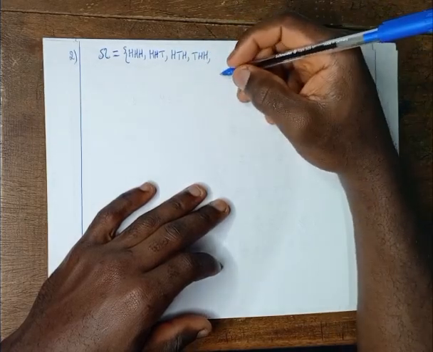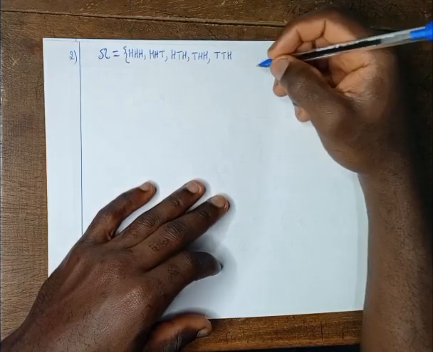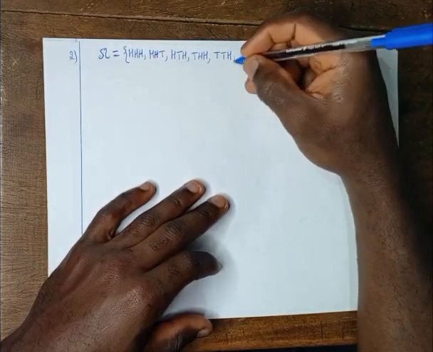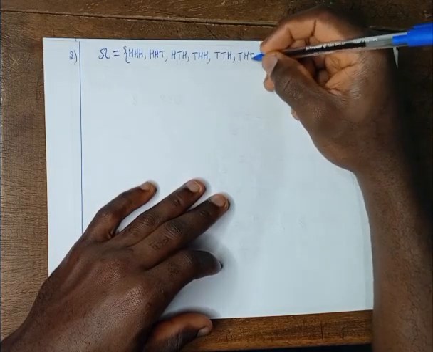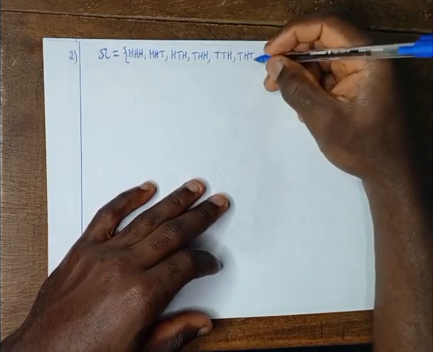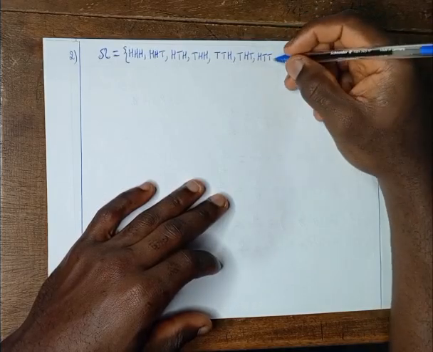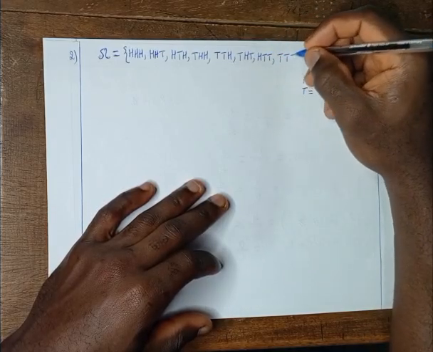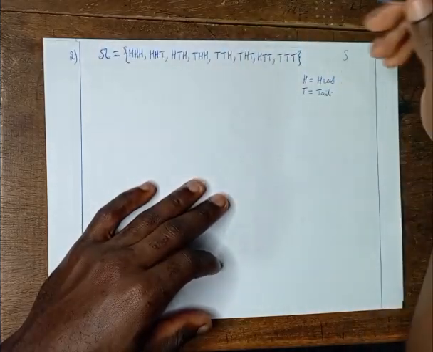It is possible. We can have tail, tail, head. We can have tail, head, tail. We can have head, tail, tail. And lastly, we can have 3 tails. So this is our sample space.